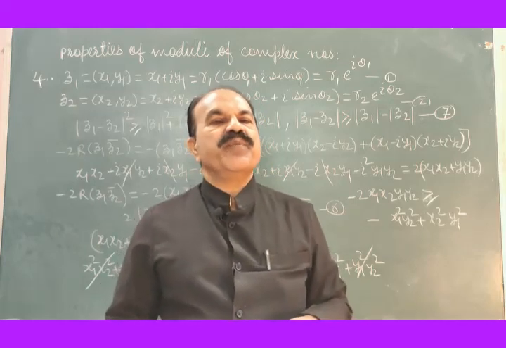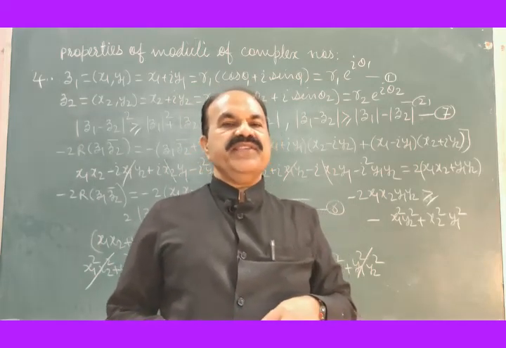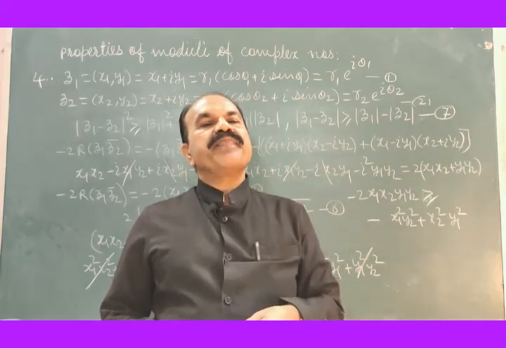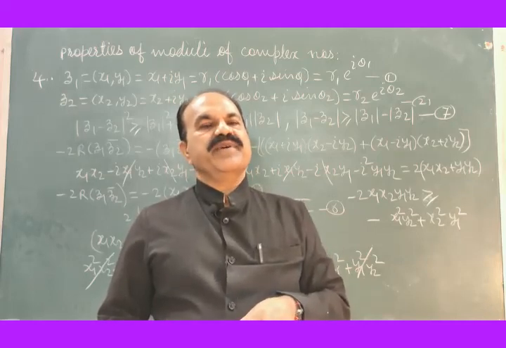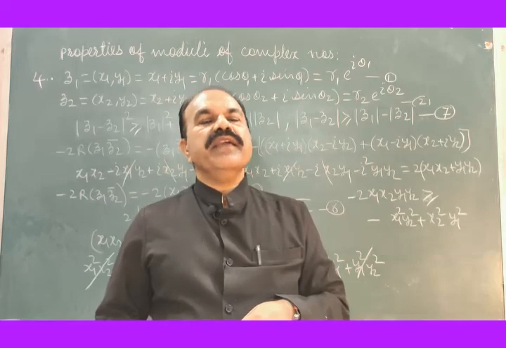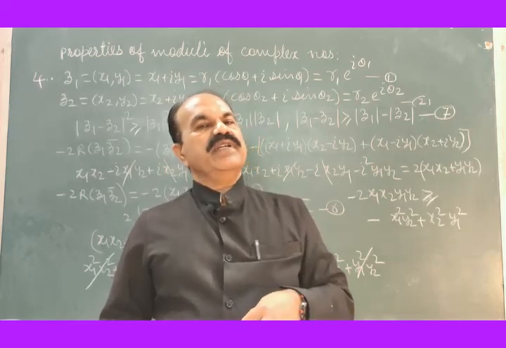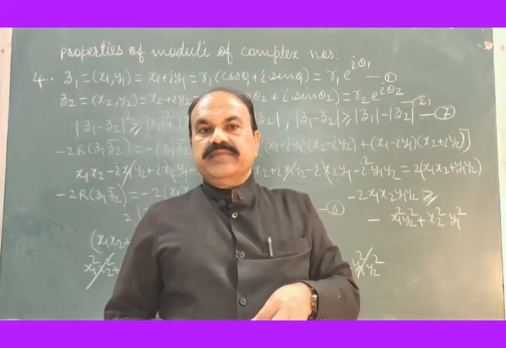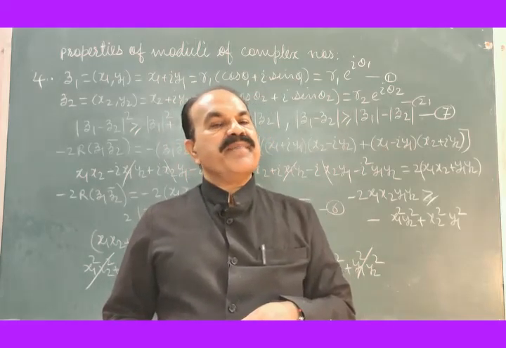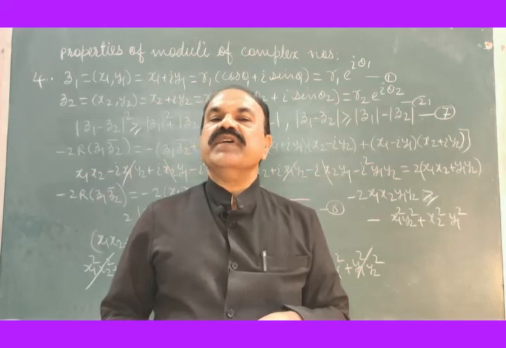Accordingly, the first property of moduli of complex numbers is that the modulus of the product of two complex numbers is equal to the product of their moduli. The second one, the modulus of the quotient of two complex numbers is always equal to the quotient of their moduli.